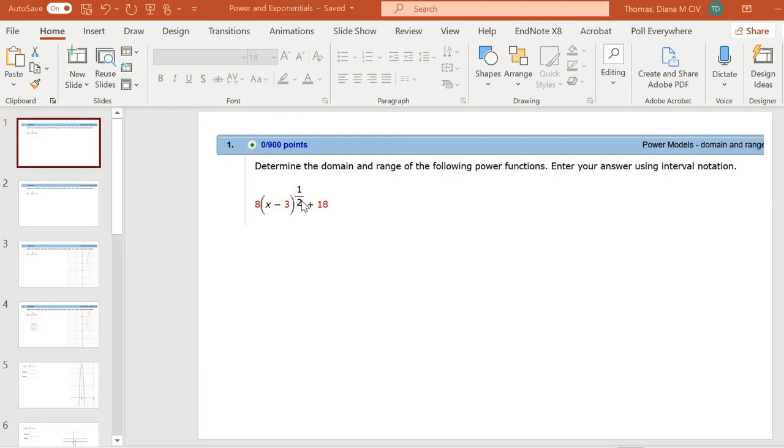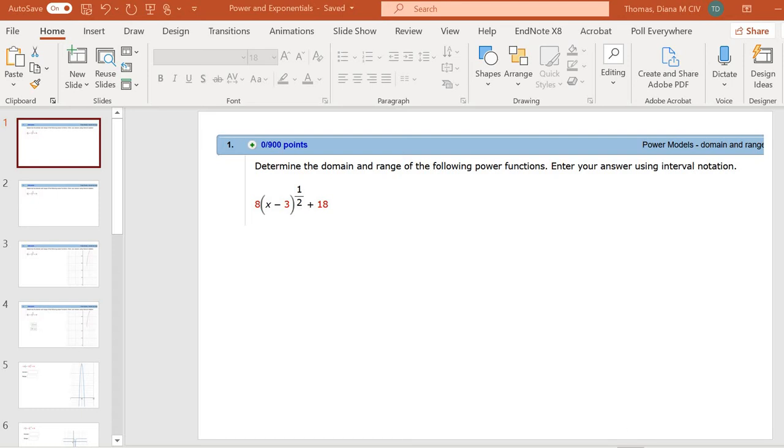But if this is 1/3, it gives you what's called the principal roots, which is something to do with complex numbers, which I'm not going to get into, but it's giving you what's mathematically correct instead of what's expected for your level. And so Desmos doesn't do that. So you have to be careful if this is 1/3 versus 1/2. For 1/2, it's going to give you the correct things.